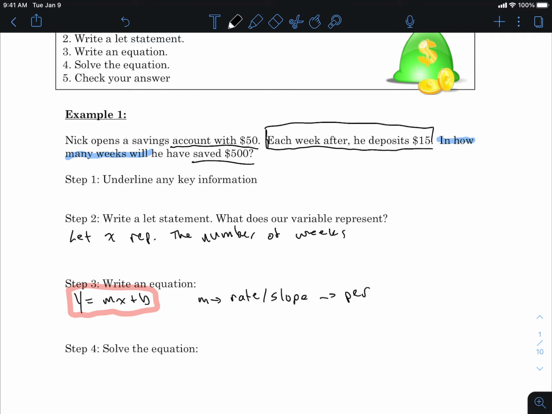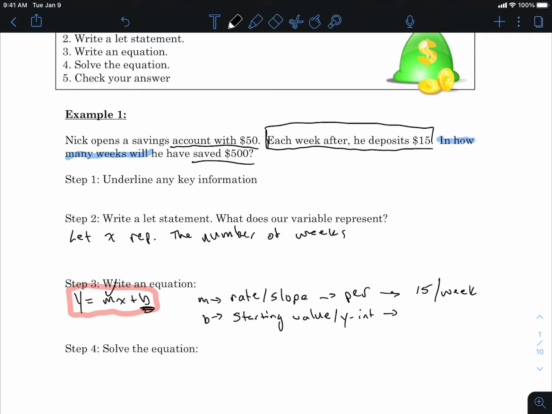So every week is $15 per week, right? That seems like the slope, and that takes care of m. And then we said b was the starting value, which we also called the y-intercept, right?